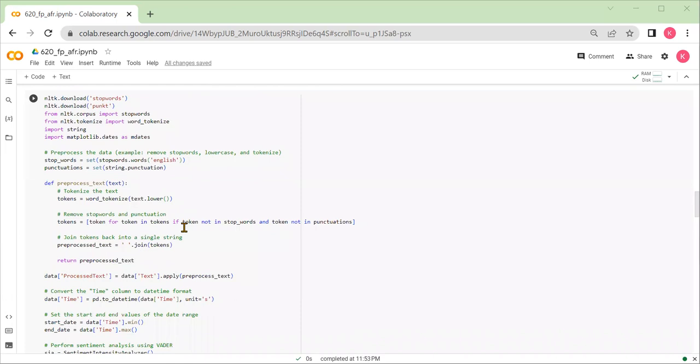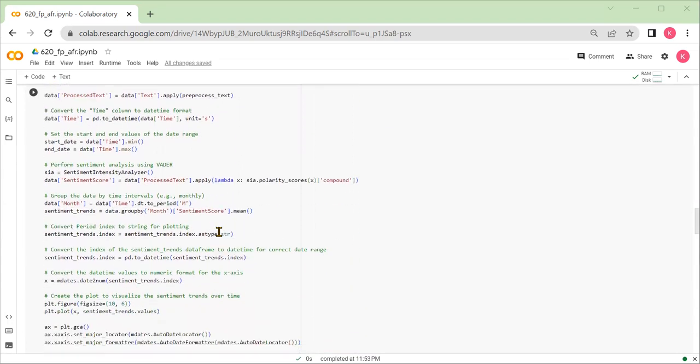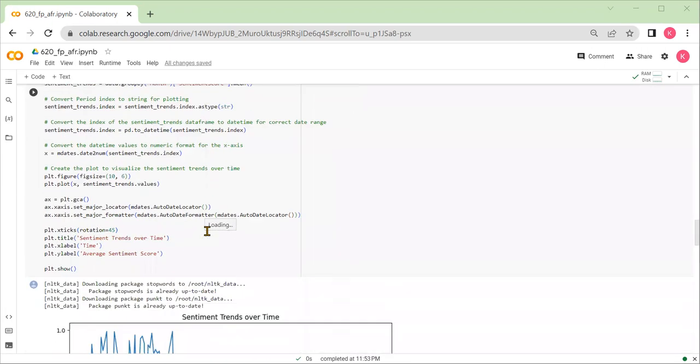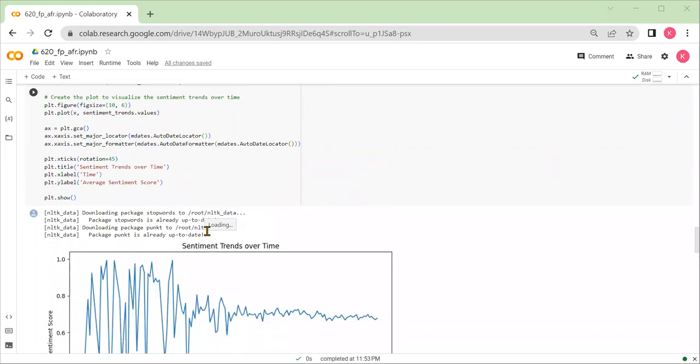We did several data pre-processing steps, like first tokenizing the text, then removing stop words and punctuation, and we investigated the temporal aspect of the customer sentiments by grouping the data into time intervals such as months and calculating the average sentiment score for each time period, allowing us to observe the overall sentiment patterns and potential fluctuations in customer sentiments towards food products.